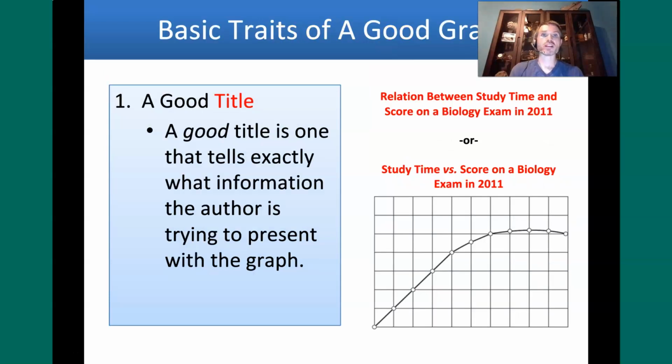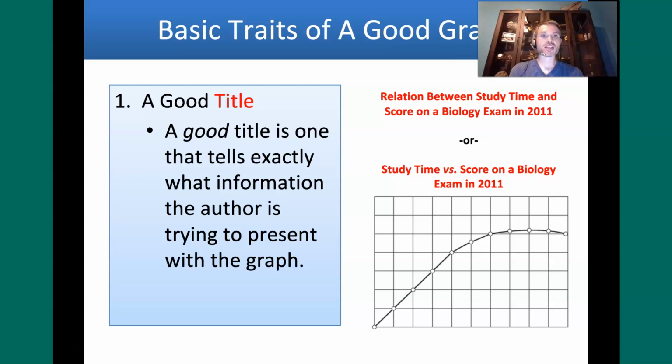So what are some traits of a good graph? A good graph has a title, and I will tell you that this is something that students don't do well at. So what defines a good title? Well, a good title is one that tells exactly the information the author is trying to present with the graph.